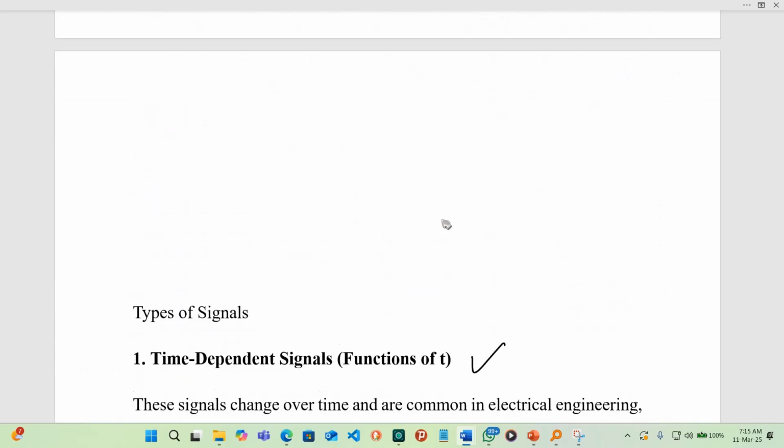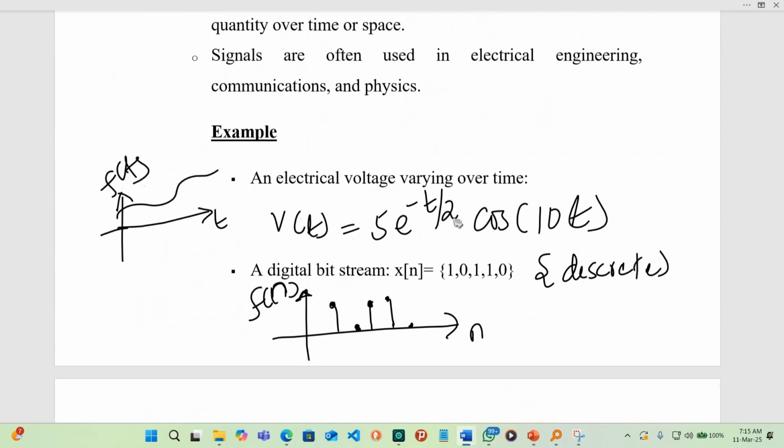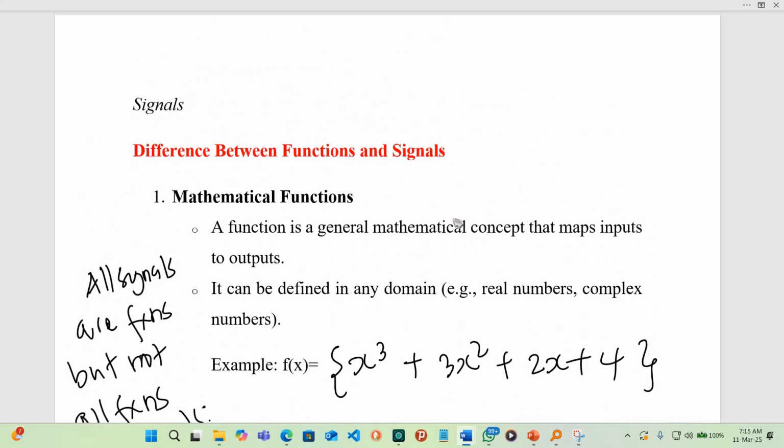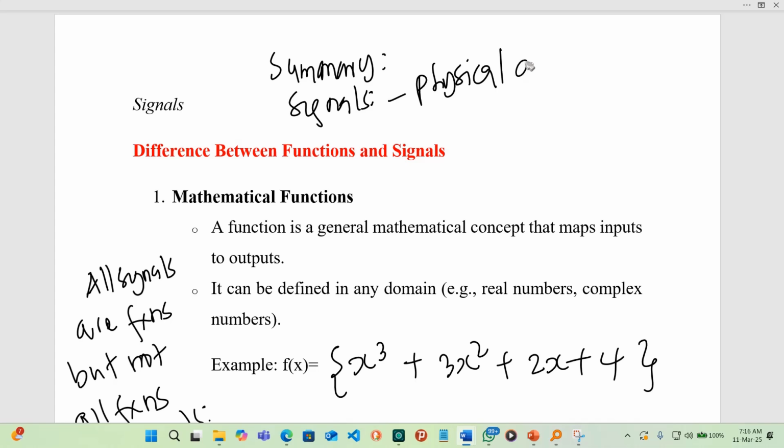And then I believe in this discussion, you have been able to understand the difference between a signal and a function. We have seen that in summary, signals are physical quantities such as voltage, temperature, and pressure.